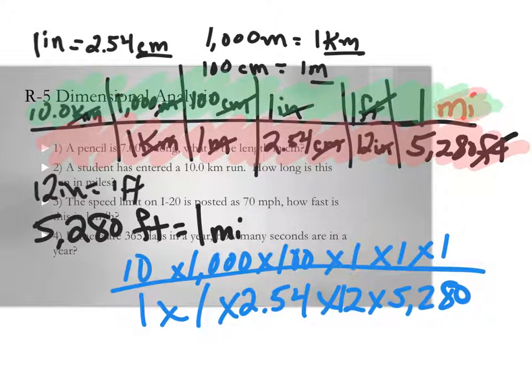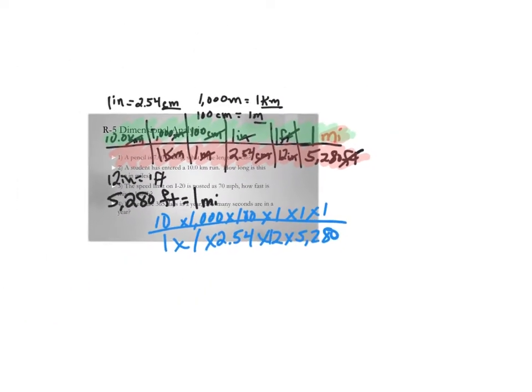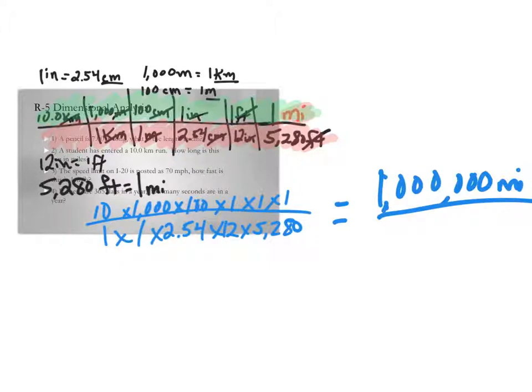And when you do that, you get 1,000,000, and we can't forget the units, miles, divided by the product of 2.54 times 12 times 5,280, which is 160,934.4.